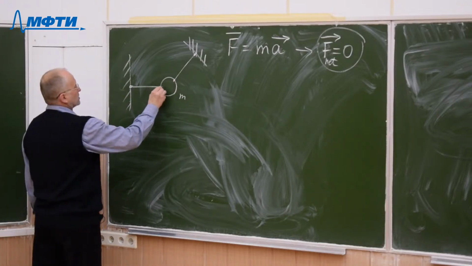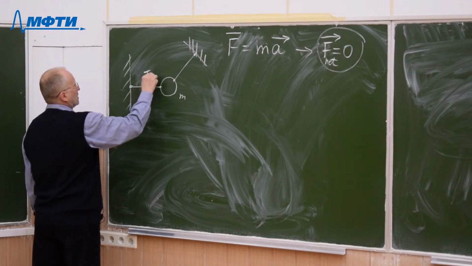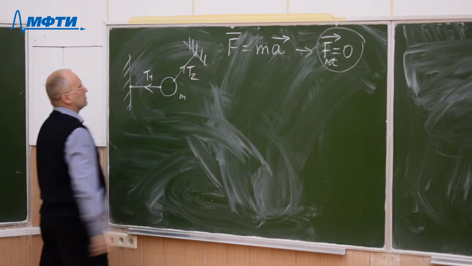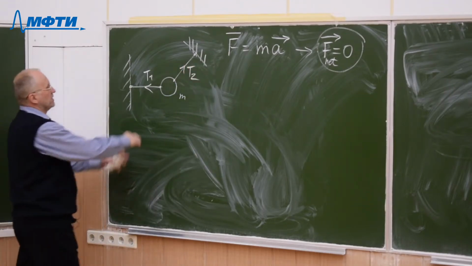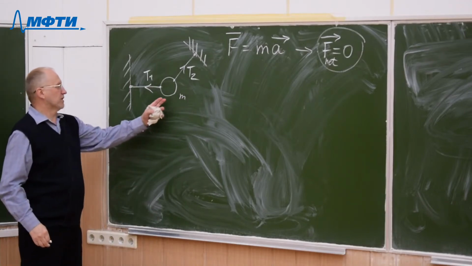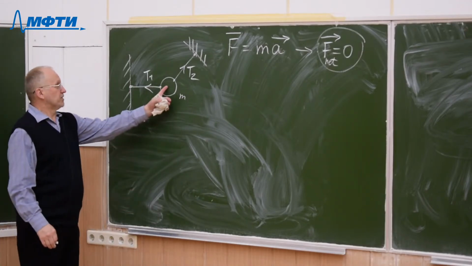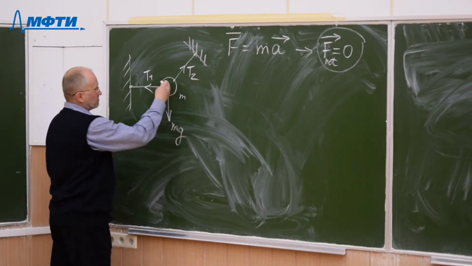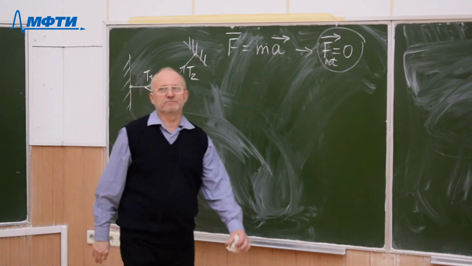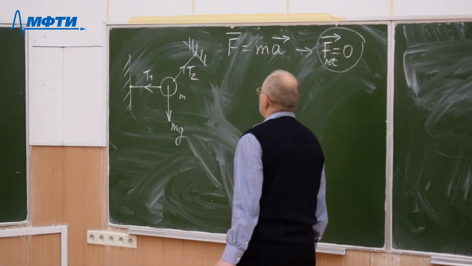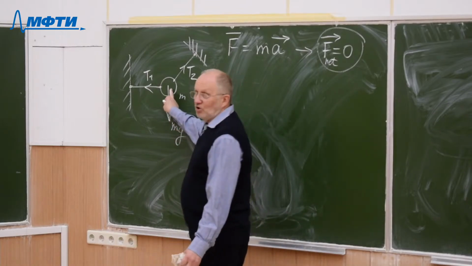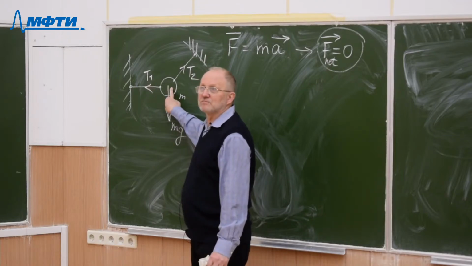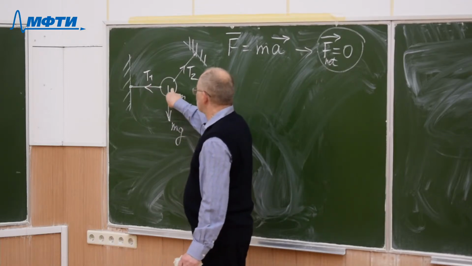And there is certainly some tension T sub 1 in the first thread and some tension T sub 2 in the second thread. And certainly we consider this situation on the surface of the planet Earth, and here we have gravitational pull directed downward to the center of the Earth. The ball is at rest. It's in static condition. It doesn't move, and its acceleration is zero.